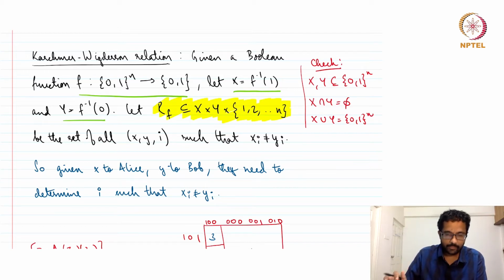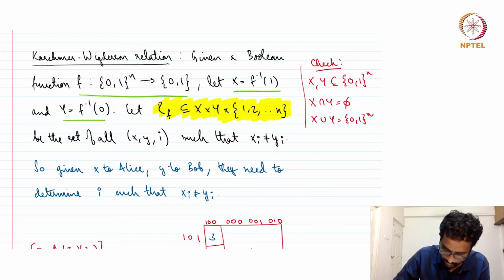Suppose Alice got string x such that f(x) is equal to 1, and Bob got y such that f(y) equals 0. Obviously x is not equal to y, because x is a 1 input and y is a 0 input, and then they have to output an index where x_i is not equal to y_i.